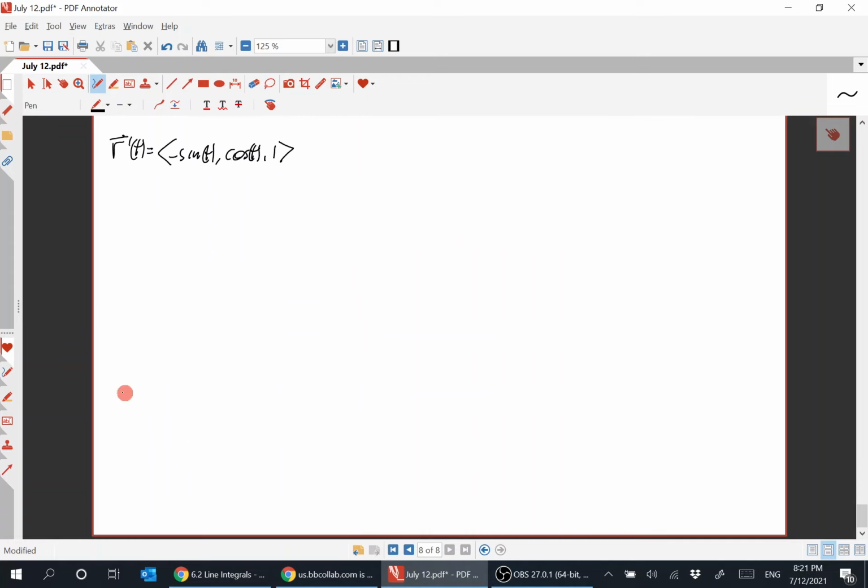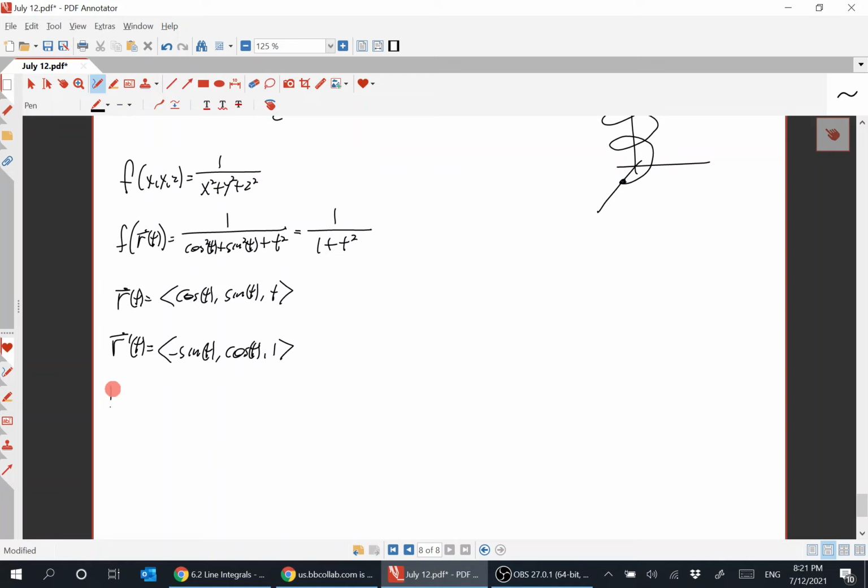So now, since it's the scalar line integral, we're interested in the length. So this is sine squared plus cosine squared plus 1. So that's just square root of 2.